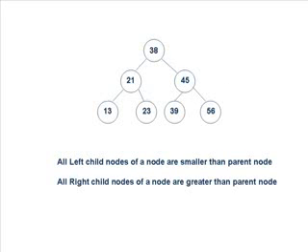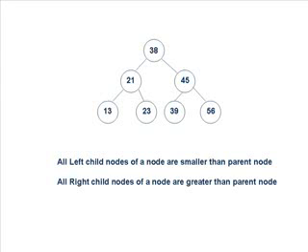Let us take a bigger example of a binary search tree. In this tree you can see for yourself that all nodes on the left hand side of the parent node are smaller than the value at the parent node, and all the child nodes on the right hand side of the parent node are greater than the value at the parent node.